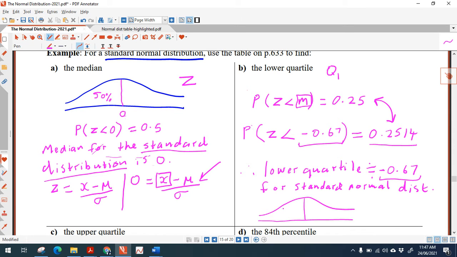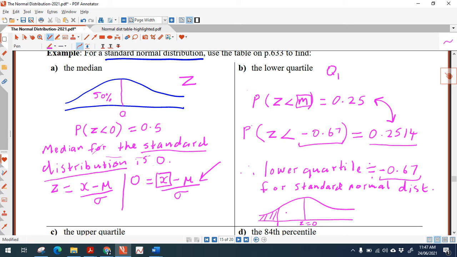Let's just estimate that this is 25% of the data. Because the mean has a Z-score of 0, and I want the Z-score corresponding to a point to the left of 0, I know that the Z-score is going to be negative.